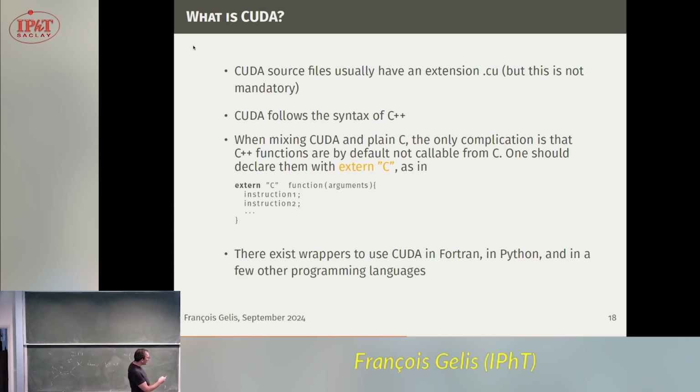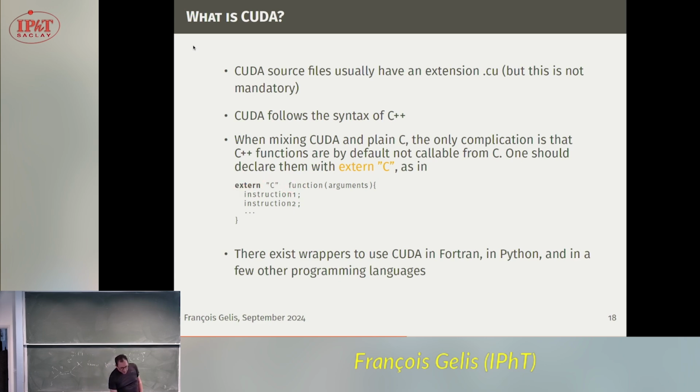In fact, you could think of CUDA as being C, with one caveat, which is that if your source file is split across several files and one contains CUDA instructions plus some functions and the other is C, and you want to call these functions from the CUDA file within C, if you try to do it like that, it will not work. You have to decorate all the functions in your CUDA file, to be more precise, all the functions you wish to call from outside, with this extra label, extern C.